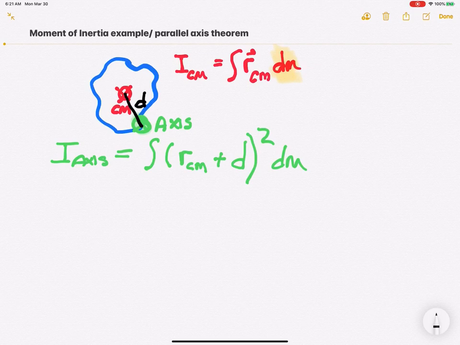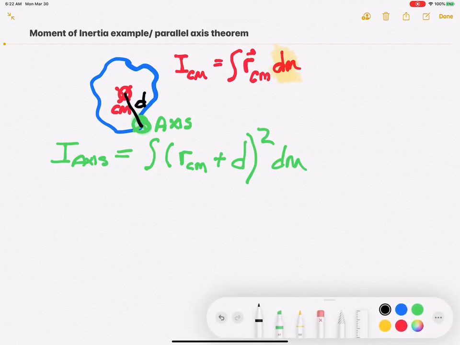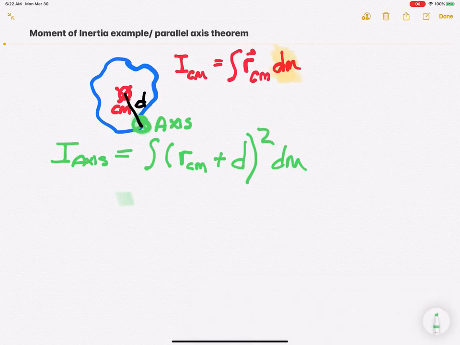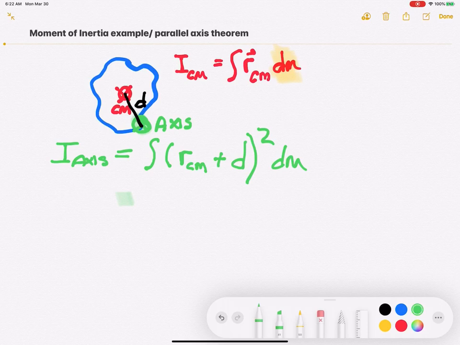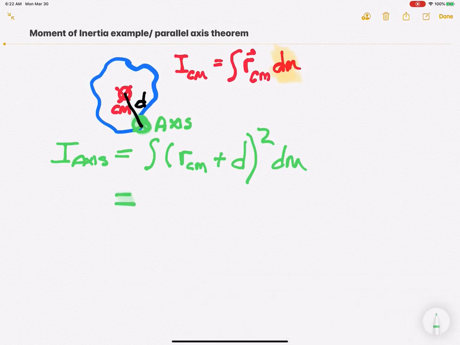So what we need to do for our integral is not do it. And here's what I mean, in pen format.